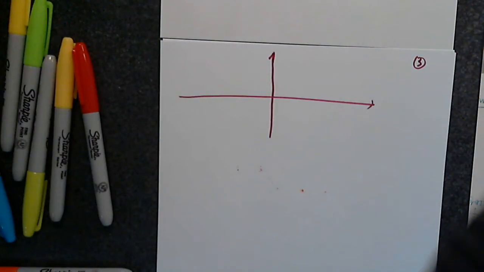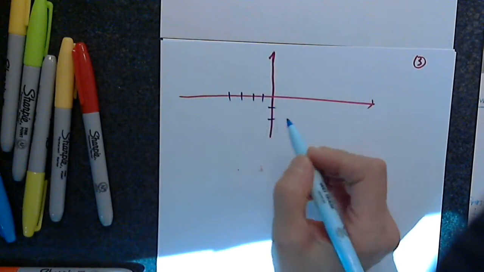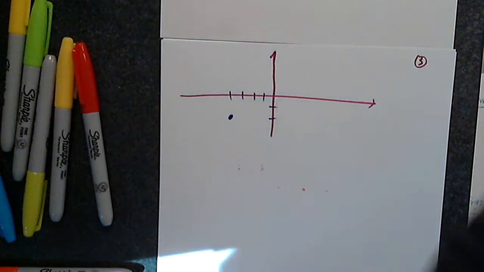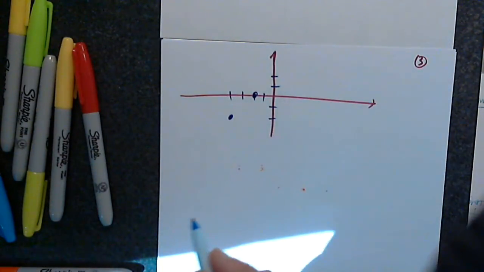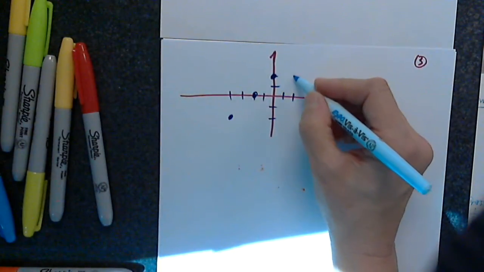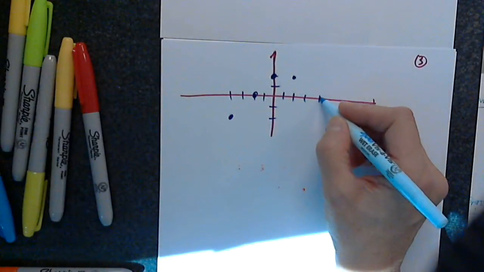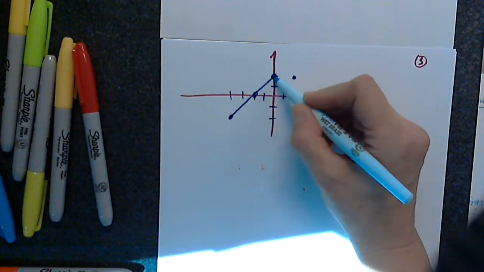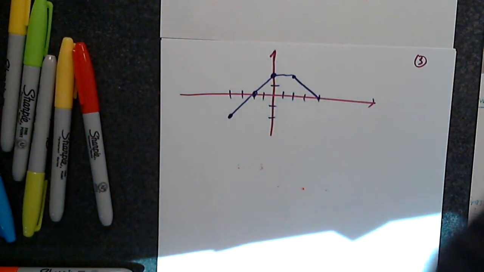I see a point at -4, -2, right here. I see a point at -2, 0. I see one at 0, 2, one at 2, 2, and one at 4, 0. So this is the graph of f.